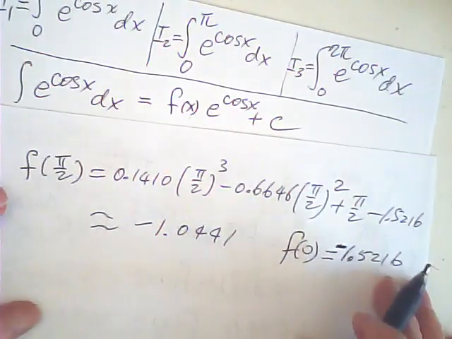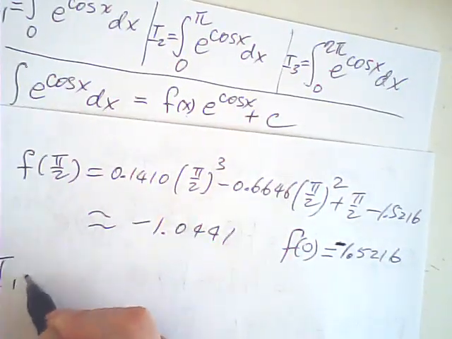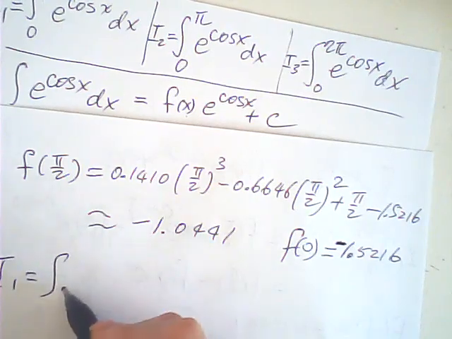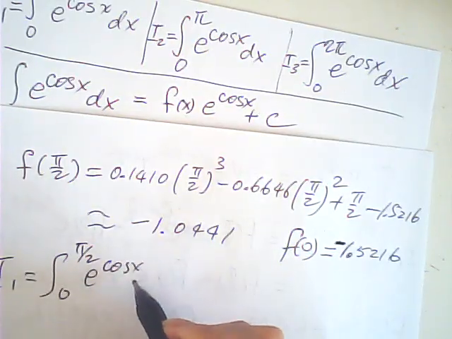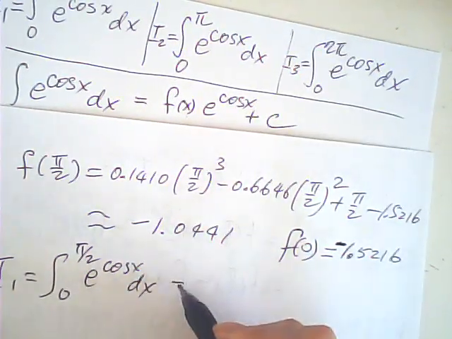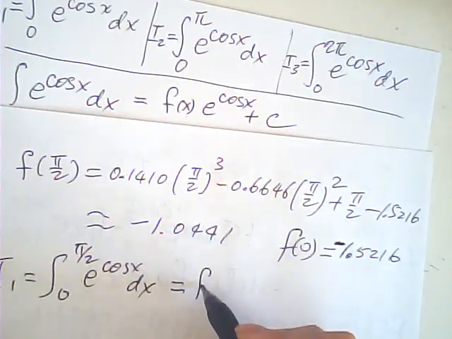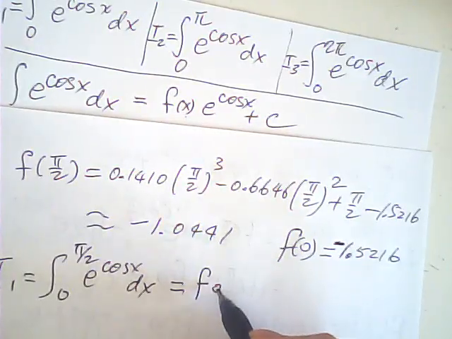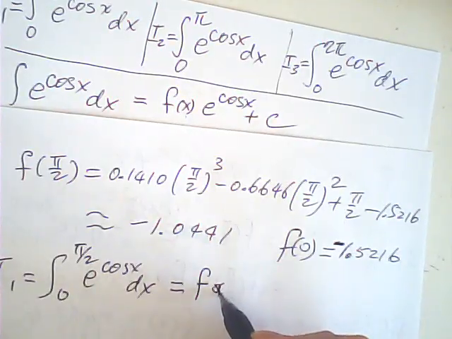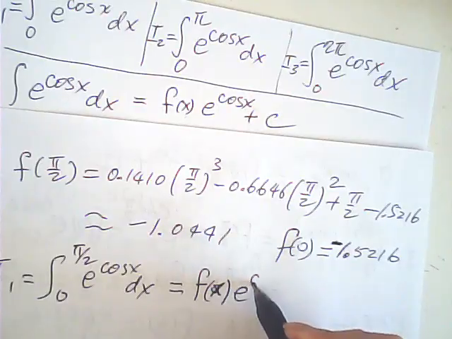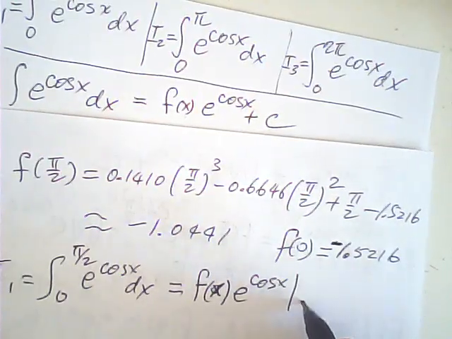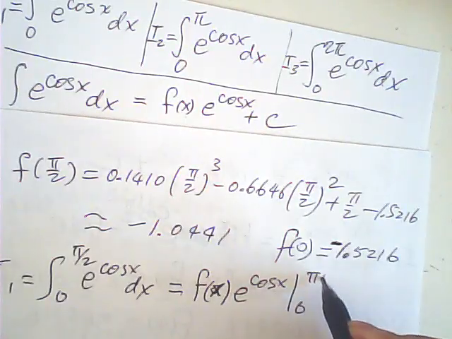Now, I1 is the integral from 0 to half pi of e to the cosine x dx, which is equal to f of x times e to the cosine x from 0 to half pi.